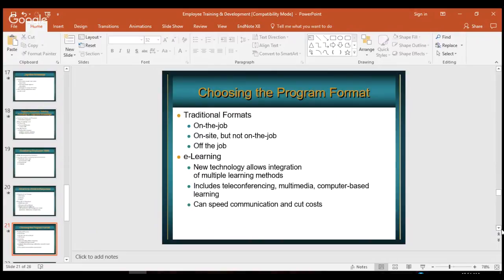Long gone are the days where we have to only do classroom training. Of course, e-learning is huge. On-demand training also. So we have the technology available where we can do immediate training, or we can use teleconferencing, multimedia, computer-based training, whatever it might be.